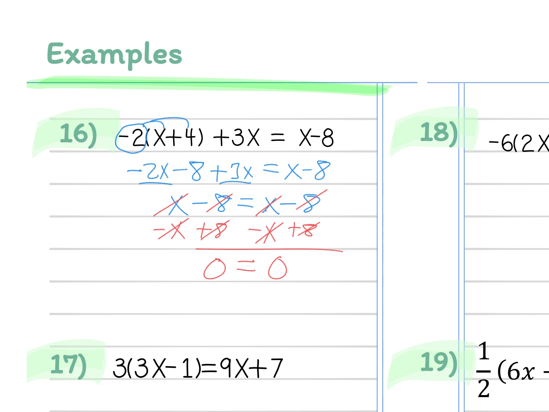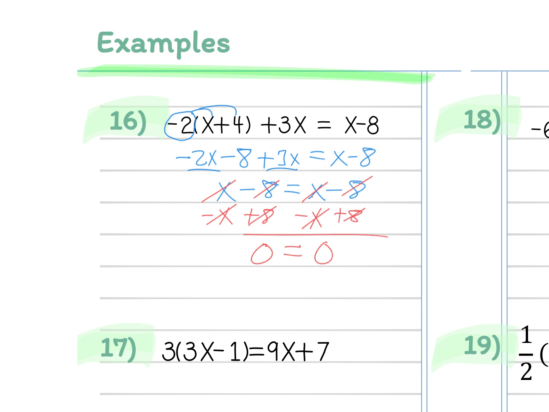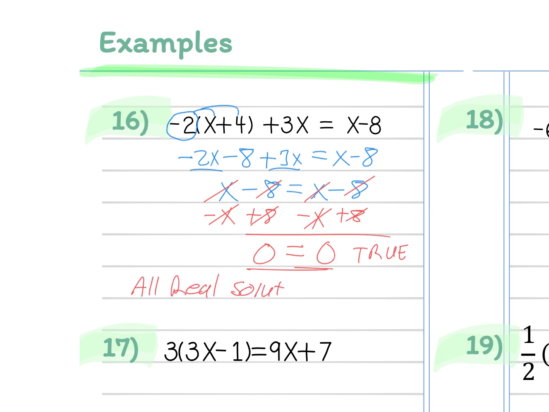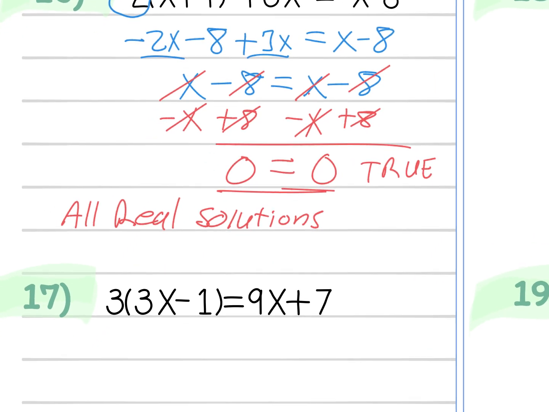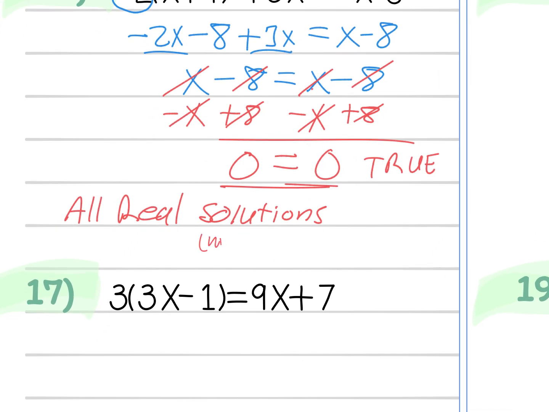All right, when the variable disappears completely, you're going to ask yourself, is what you're left with a true statement? So ask yourself, does 0 equal 0? All right, and it does, right? If it is a true statement, then this is going to be all real solutions. All right, maybe you've seen all real numbers.